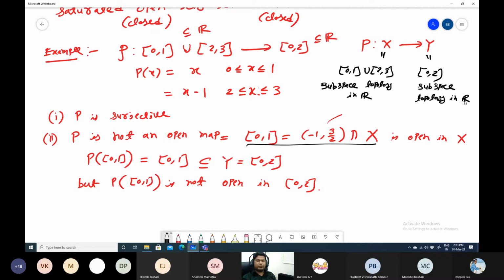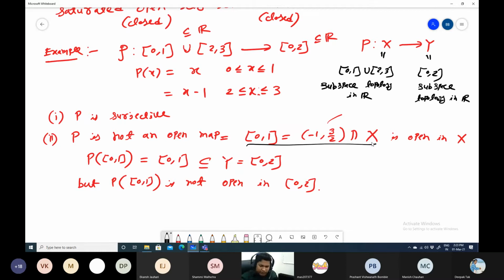Okay, so in the subspace topology, 0, 1, which is a closed interval, will be an open set in X, because we can write 0, 1 as an open interval intersection X. Now we know that the open interval (-1, 3/2) is open in R. So therefore this intersection with X will be open in X. But what is the image of 0, 1?